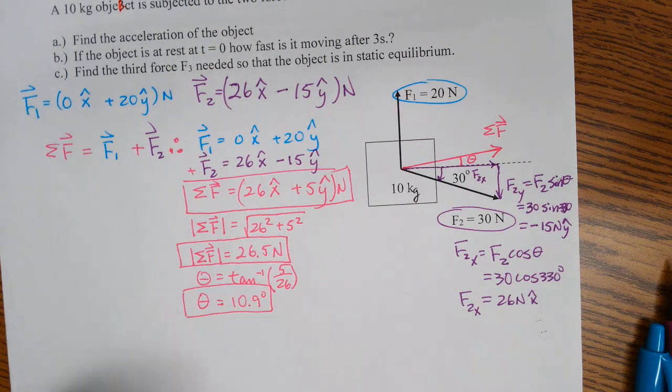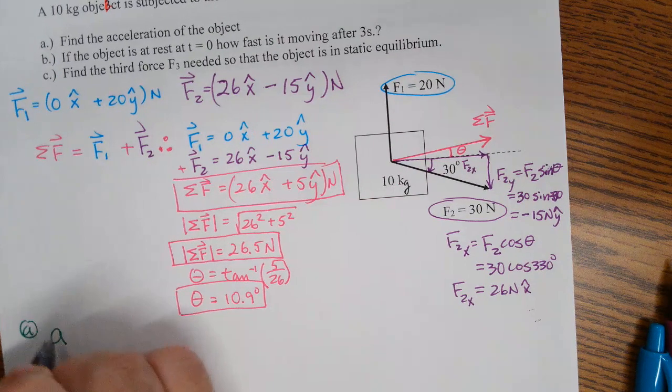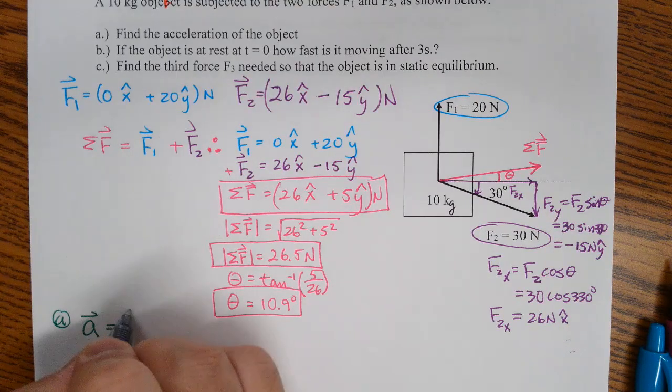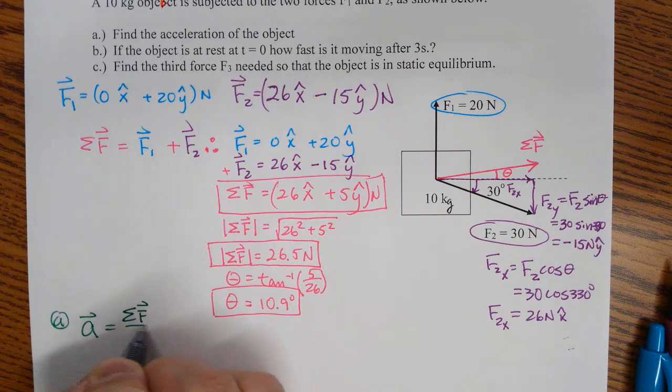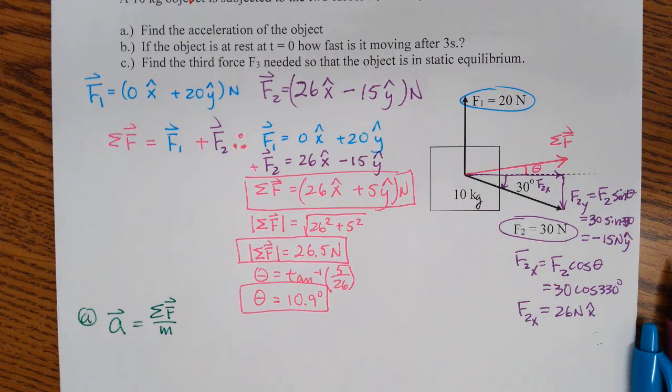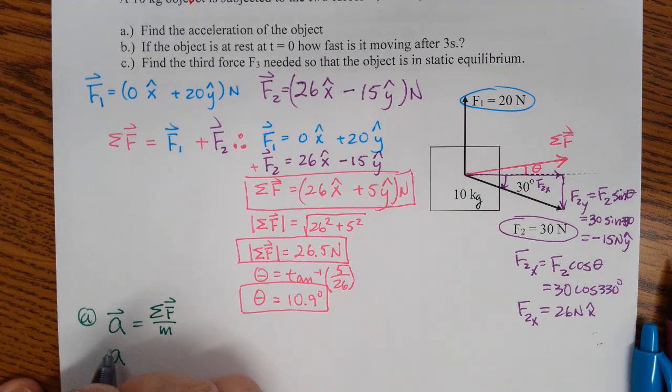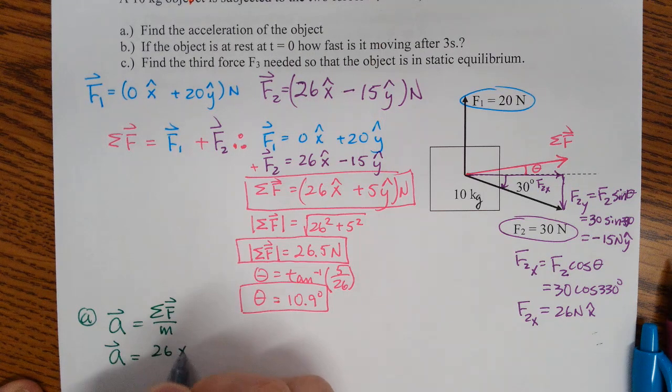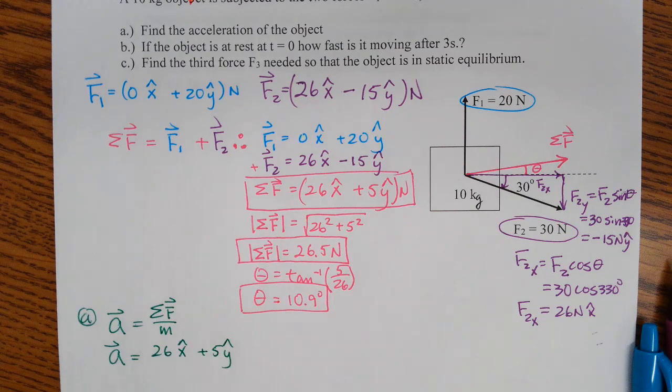acceleration of the object? Well, for part A, acceleration, according to Newton's second law, is directly proportional to the net force and inversely proportional to its mass, right? So by this straight definition, my acceleration can be calculated as my net force, which is 26 x hat plus 5 y hat, divided by mass, which is 10 kilograms.